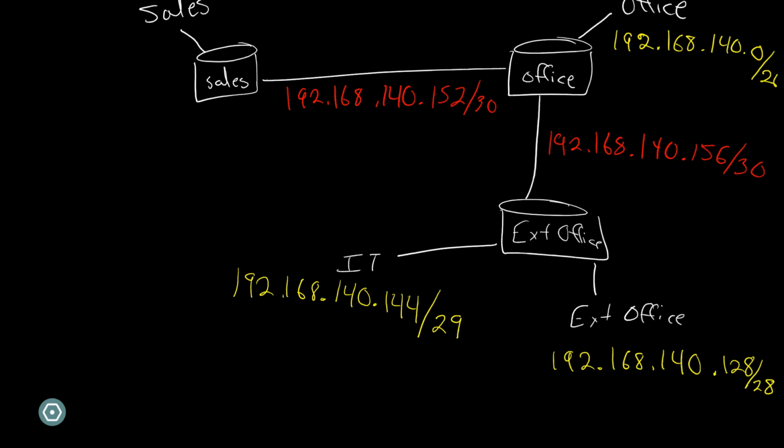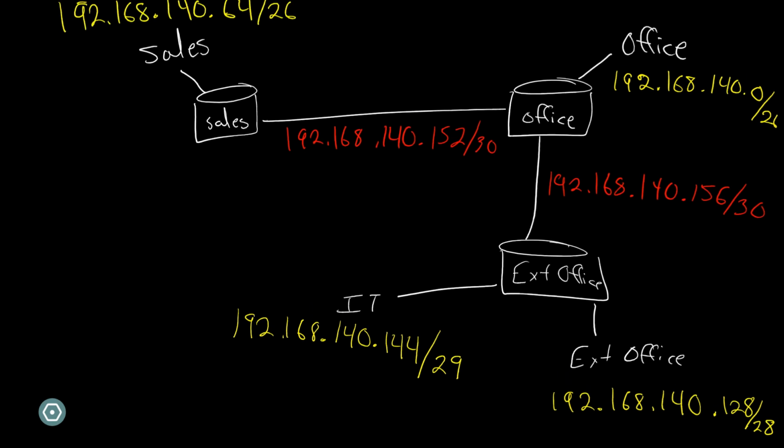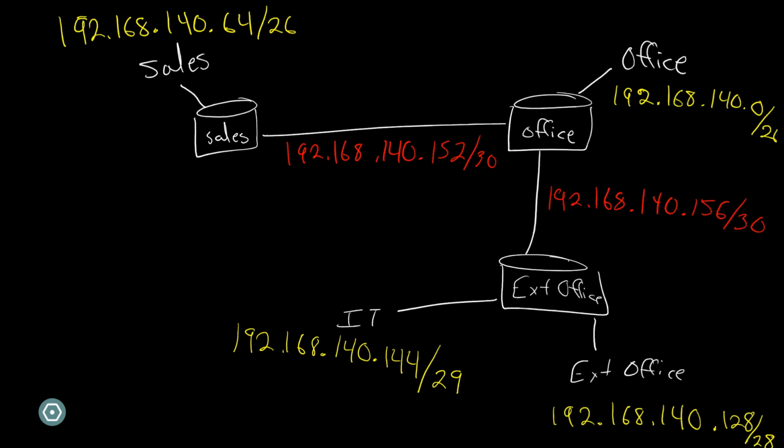Now, traditionally speaking, if we were to assign addresses from this space to various interfaces, we would assign the default gateway. So let's say this is G00, we would assign that to be 192.168.140.65 because we want the first available address space in that network.